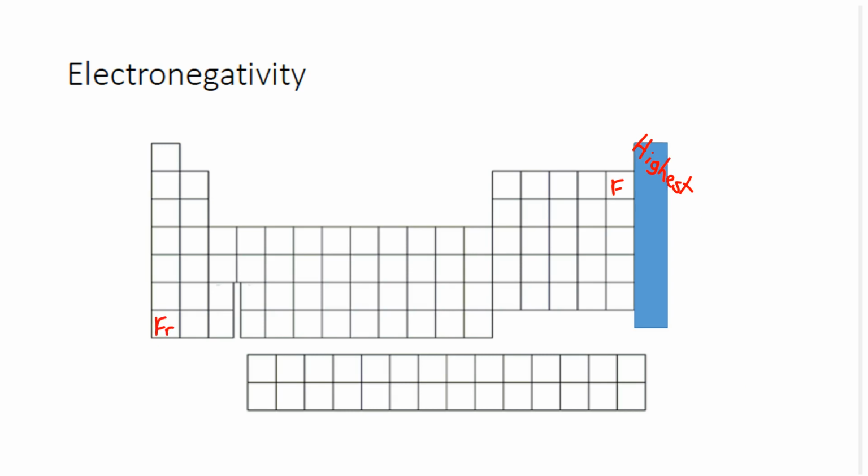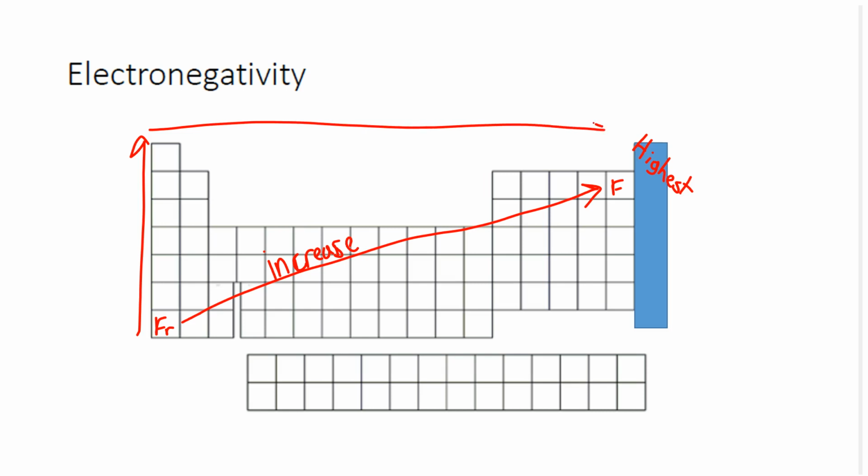Francium is our lowest. And so we get this overall increase in this direction. It increases as we go up. It increases as we go to the right.